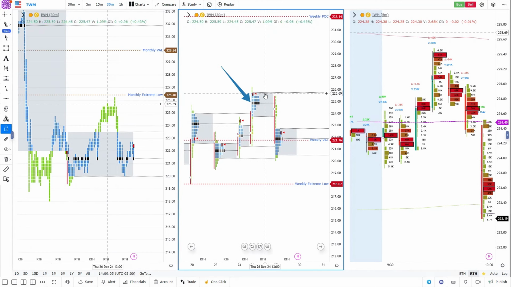What you see at the top of this line and the bottom of this line is value. Anything between value high and value low is considered 70% of the trading day. So this entire day of trading, from the top, which is roughly 226.20, to the bottom of 221.25 roughly, was the entire range of the 26th.